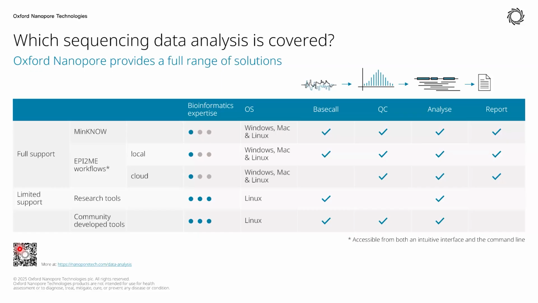Yeah. MinKNOW is not going to provide that. It's only going to give you a report on the sequencing run itself, but the EPI2ME workflows, and we'll talk about them in a little bit, are going to essentially provide you with a secondary analysis. So, depending on the workflow that you're running, if it's a single cell one, it will provide you with counts per cell.